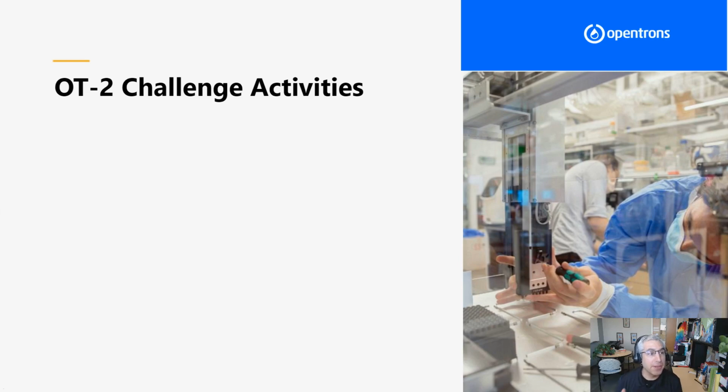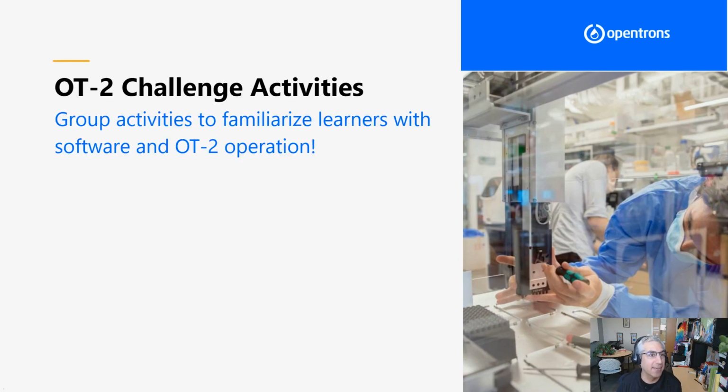So what did we do with OT2s? We designed OpenTrons challenge activities. These were group activities in groups of 4 undergraduate and graduate students from different majors and programs, with the goal of familiarizing learners with the software and OpenTrons operation.